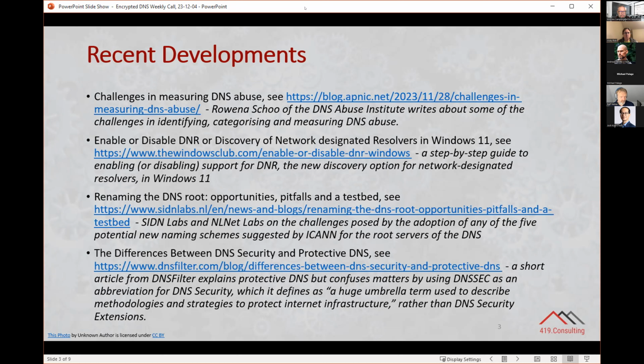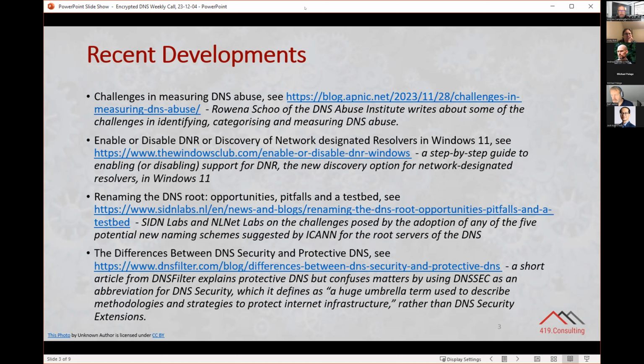Probably the other one I mentioned particularly was an article actually penned by one of the team from the SIDN Labs, but based on a paper co-authored with people from NLnet Labs as well.